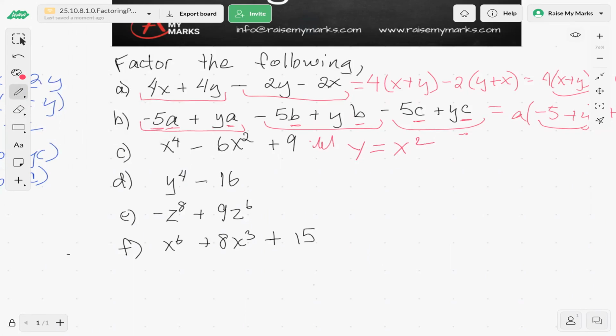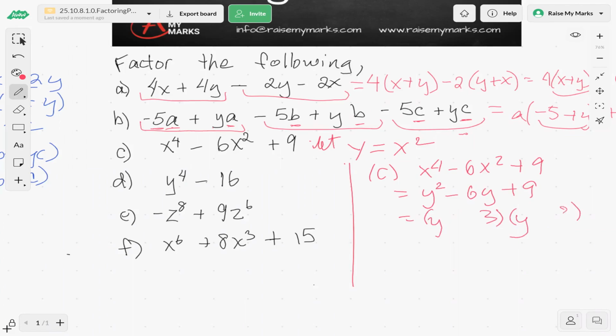So if we let y equal x squared, let's do it over here. x to the power 4 minus 6x squared plus 9 actually equals y squared minus 6y plus 9. This looks like a perfect square to me, so let's factor it and see. Good.